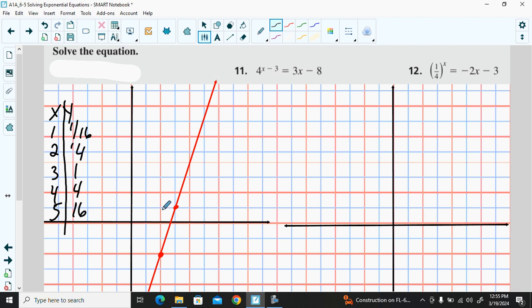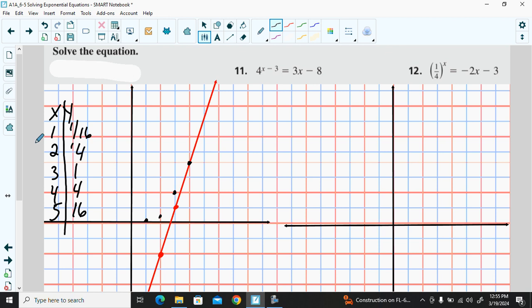We have 1 and 1/16. That's going to be really, really close to the x-axis. 2 and 1/4. That's more like that. 3 and 1 is right there. 4 and 4. Oh, we got a point right on the line, it looks like. Then we go 5 and 16.